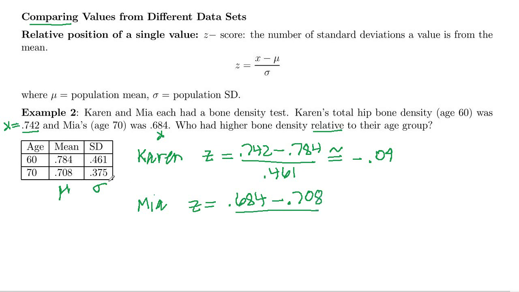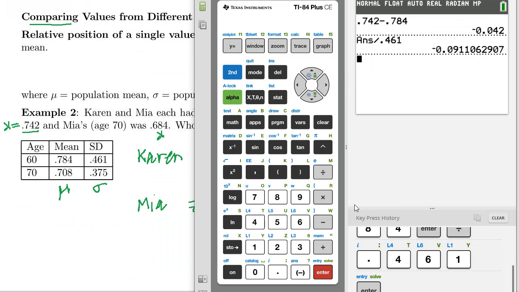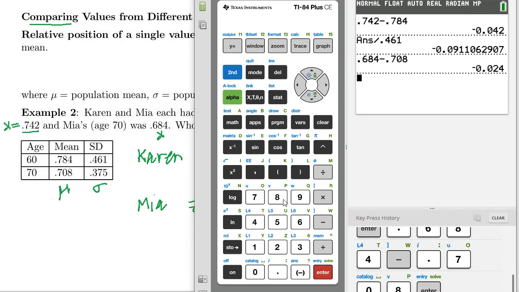Then divide by the standard deviation for her age category, 0.375. So 0.684 minus 0.708 is negative 0.024, and we are dividing by 0.375.